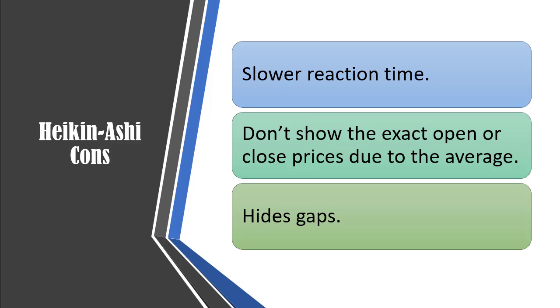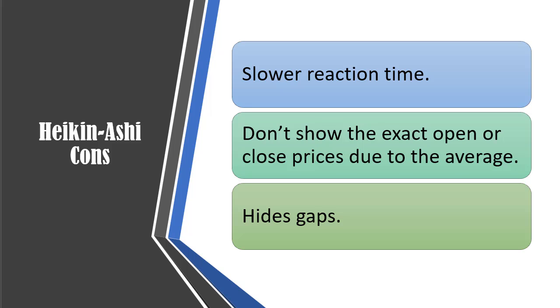They also don't show the exact price open or the price close. Okay, because of the way they're calculated on an average, you don't get the exact price open or the exact price close of a period. And that really messes up people when you're used to trading normal candlesticks all the time.